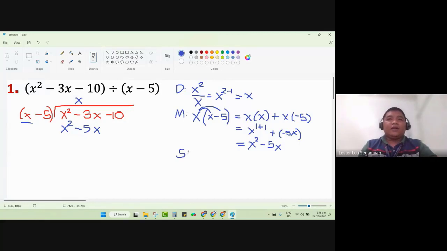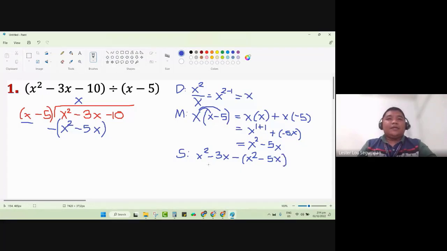When you subtract, it's very important to take note that the subtrahend is this entire result here, not just x squared, but the entire expression. To see that clearer, we write the values of your dividend, x squared minus 3x, and then minus this result, which is x squared minus 5x.